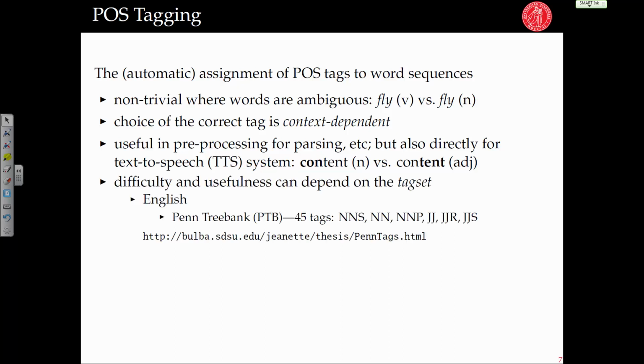Now the difficulty and the usefulness of parts of speech tagging depends on what we call the tag set, or the set of parts of speech that we take to describe the different word types. And as I said, there are many different tag sets. Different linguistic theories or different linguistic annotation frameworks will have different types of part of speech tags. What we will be working with is the tag set of the Penn Treebank.